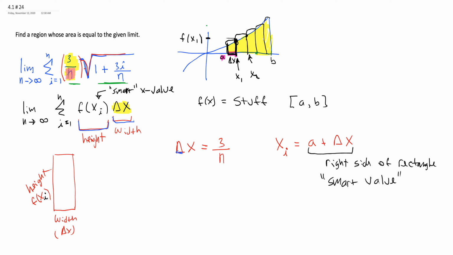So this value that's right here is hidden in here, and there it is. I'll make it the same color. Right there, so there's your delta x. Oh wait, you know what? Right here you're supposed to have an i.